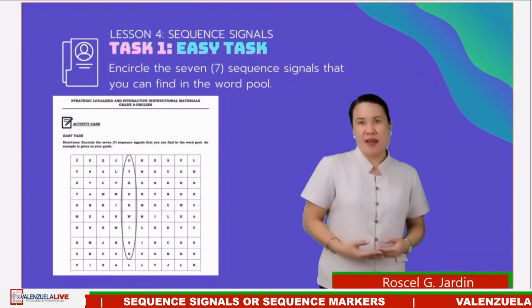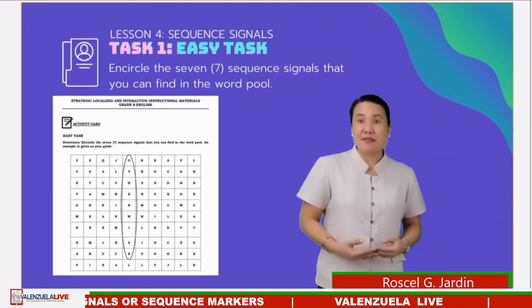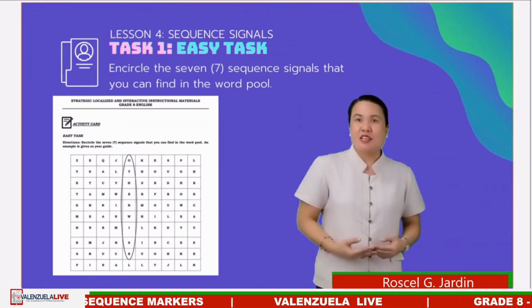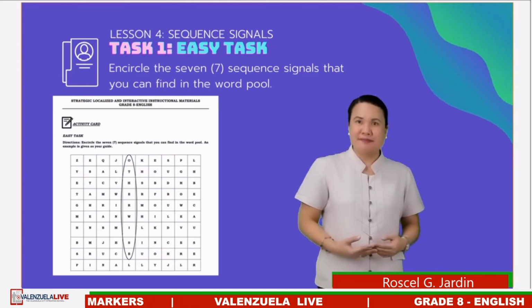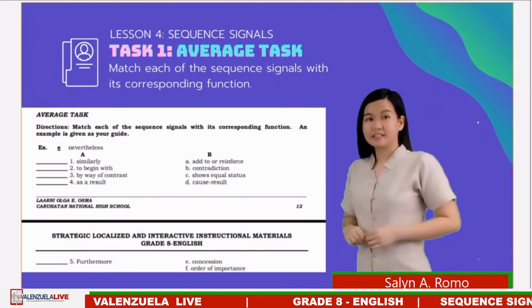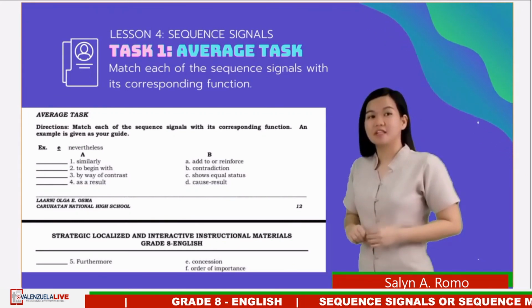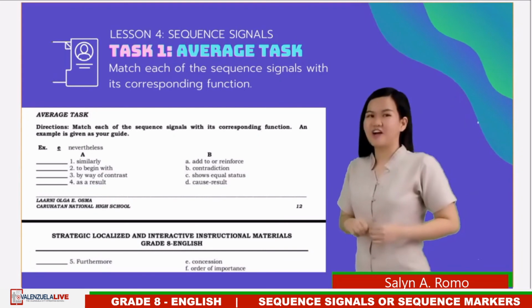In task 1, which is the easy task, you need to encircle the 7 sequence signals that you can find in the word pool. In the average task, all you need to do is to match each of the sequence signals with its corresponding function.